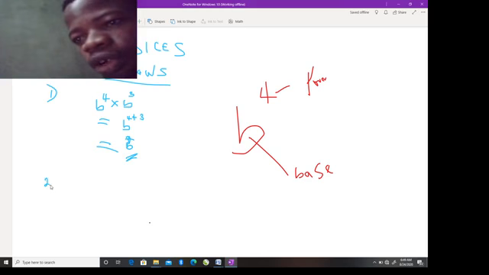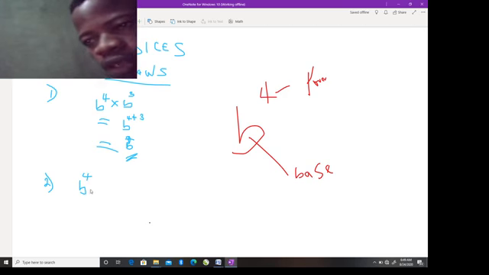What does the second law state? You have the same b, so be consistent with the values or the alphabets I'm using. Now you have b raised to power 4, and this multiplication then becomes the division law. So this divided by another b raised to power 3.